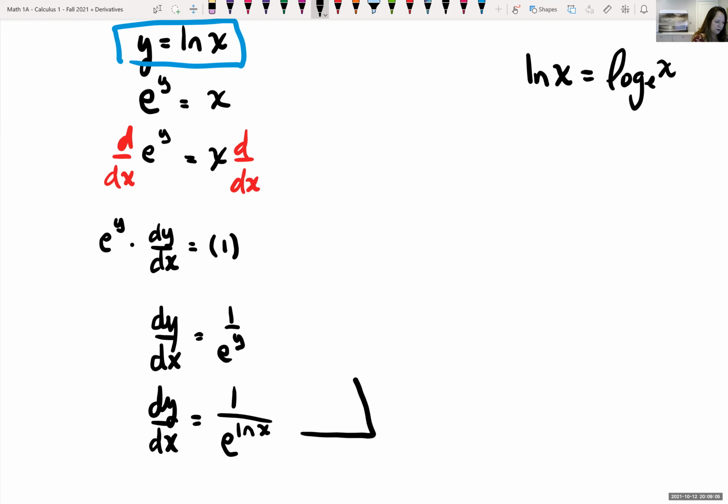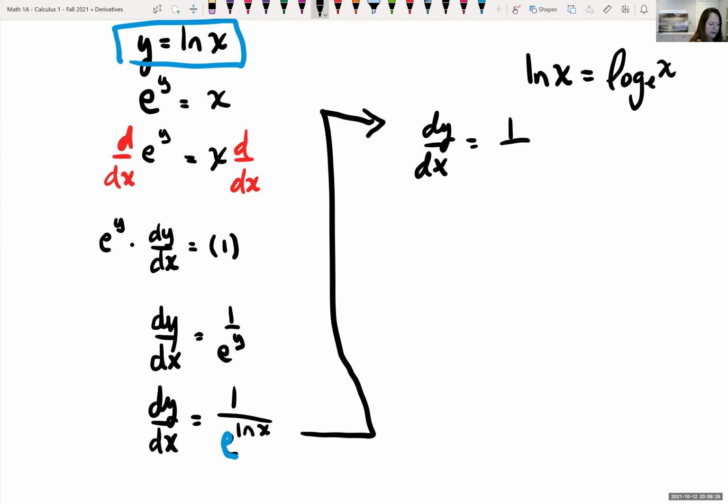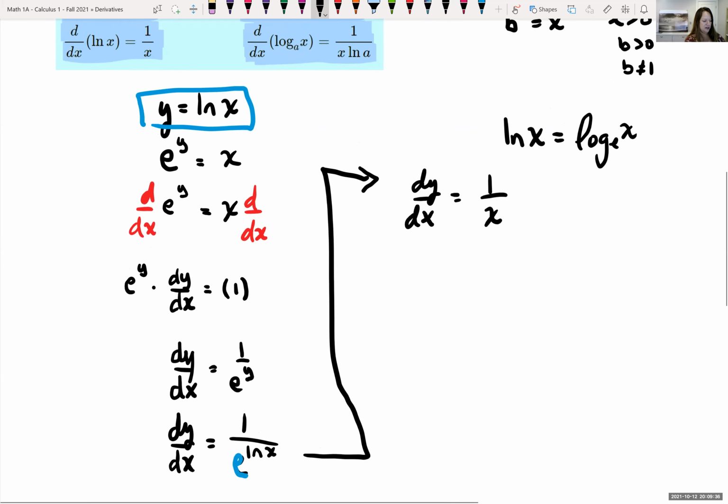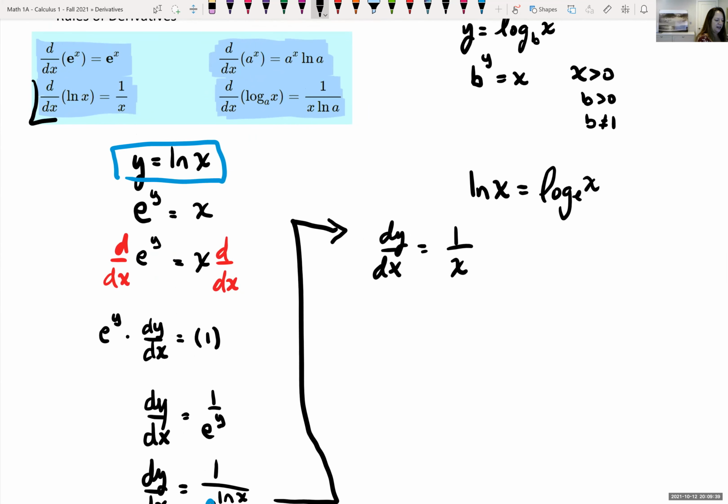But one of those rules of logarithms we were just talking about: if the base of our exponential is the same as the base of our log, and the natural log is log base e, then those cancel out with one another. And it's the same thing as 1 over x. Which I just showed you was the derivative of the natural log of x.